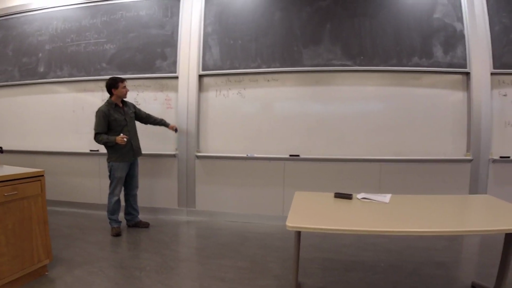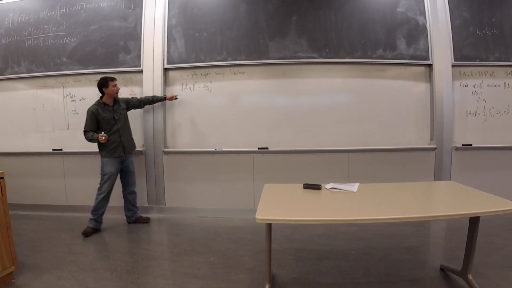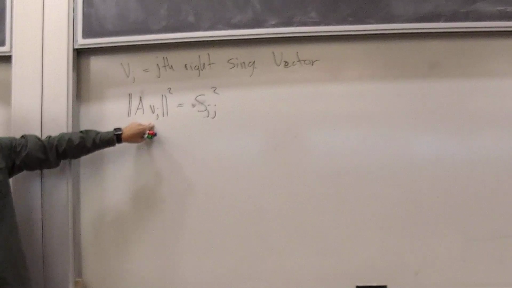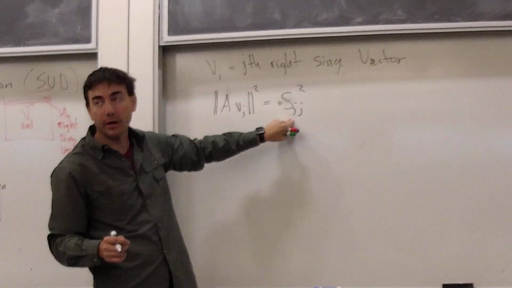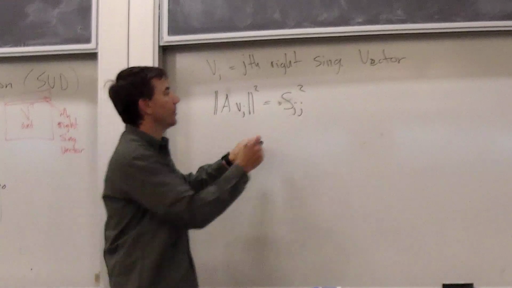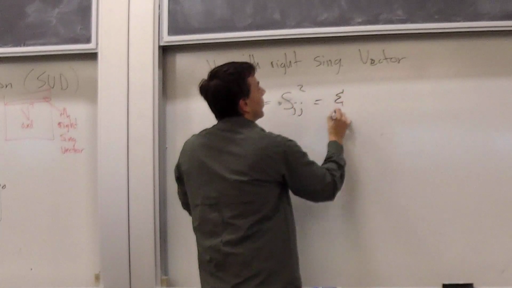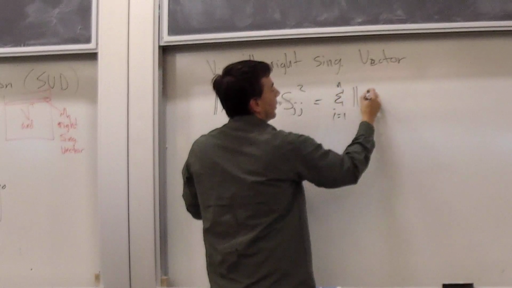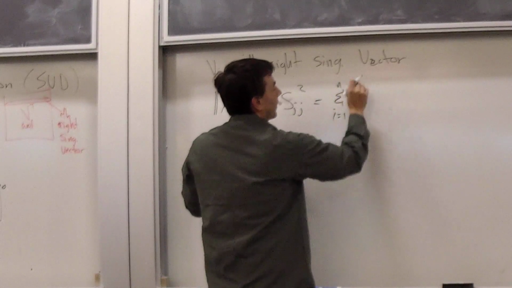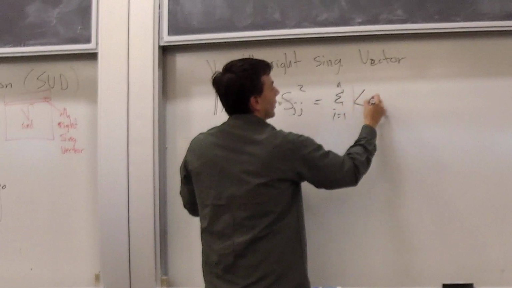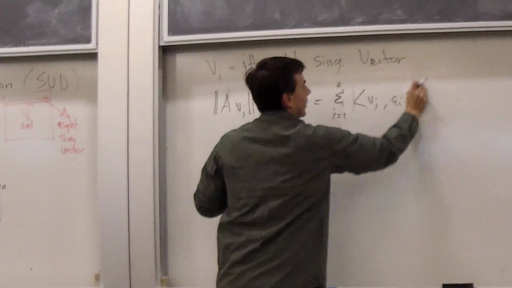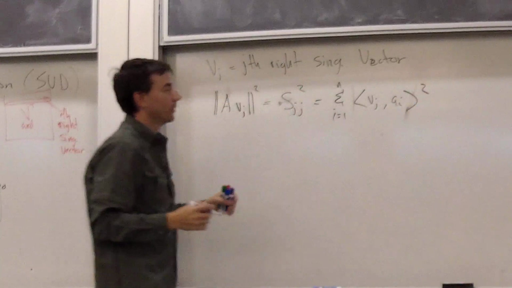So the amount of variation in the jth right singular vector direction is the squared singular value. This is equal to the sum from i equals 1 to n of the dot product of vj with ai, squared.